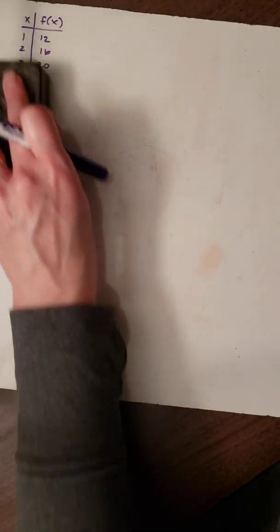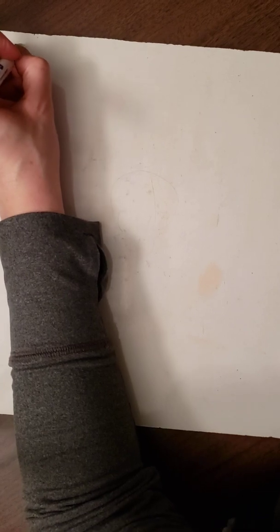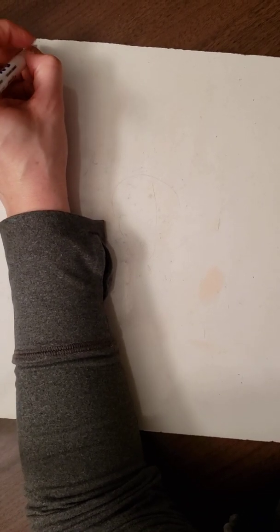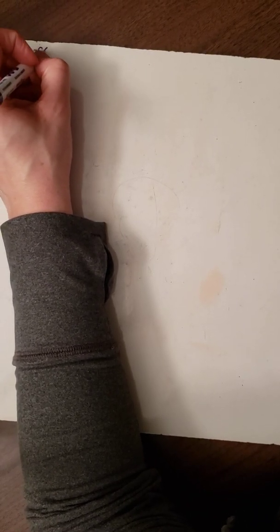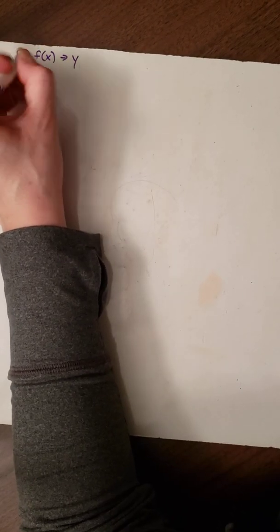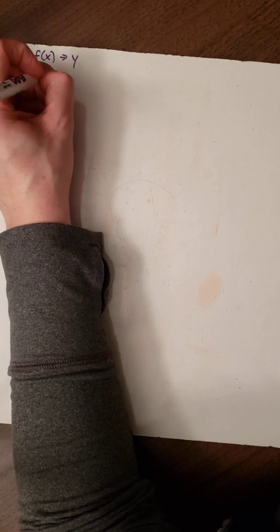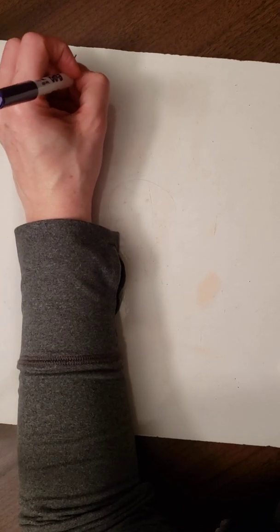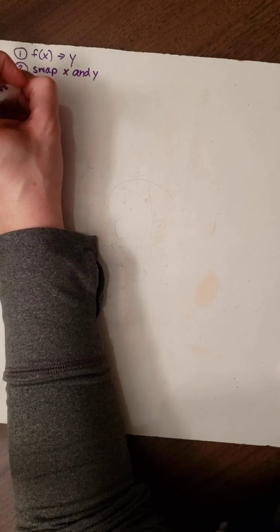Now, where I want to spend the majority of my time is taking functions and finding their inverses. So we have that process figured out for ourselves. Remember, step 1 is to make f of x move to y, then step 2, swap x and y. 3 is solve for y.